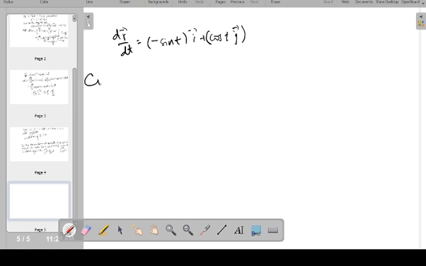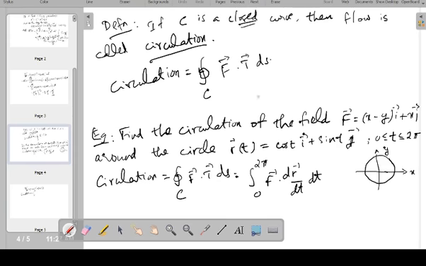Therefore circulation equal to integral 0 to 2 pi f along the curve. What is f along the curve? What is f? X minus y times vector i. So f along the curve is x of t minus y of t times vector i plus x of t vector j. Okay.